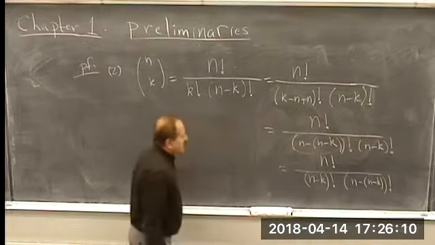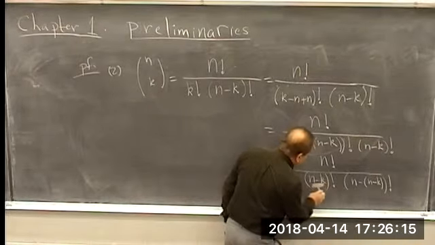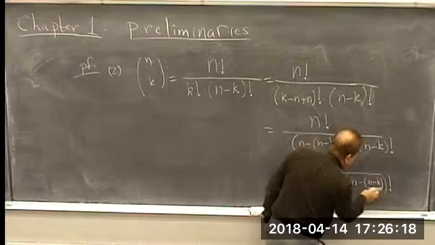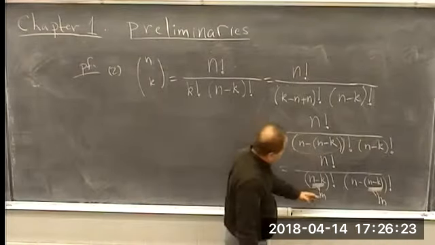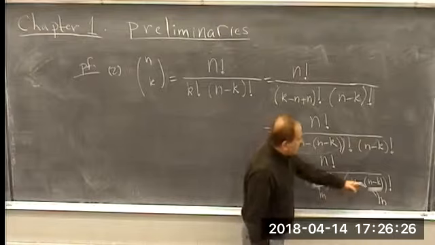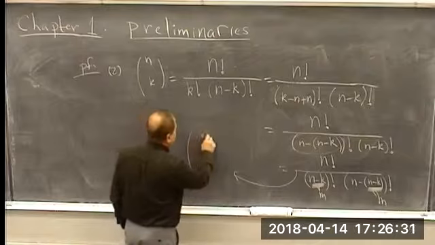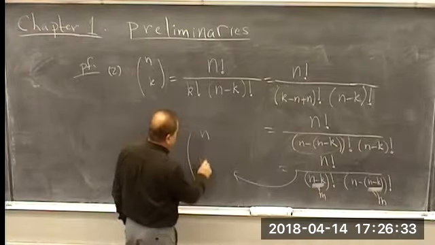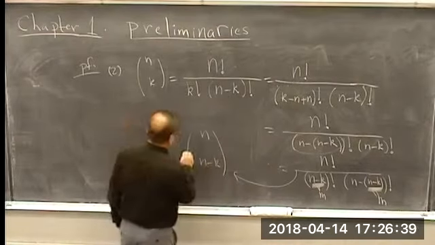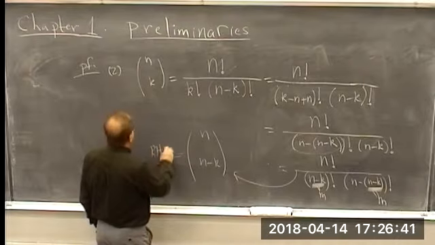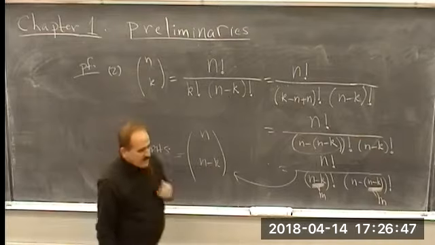So if I rename, all right, this, if I call it m, and this is m, so this becomes n factorial over m factorial, then n minus m factorial, and this together is equal to n choose m, right, which is just n choose n minus k. All right, and this is equal, of course, to the right-hand side. So this is the left-hand side, right-hand side, they are the same. All right.